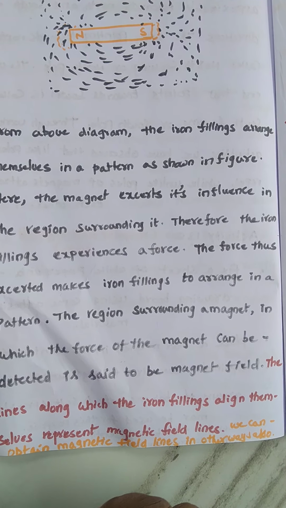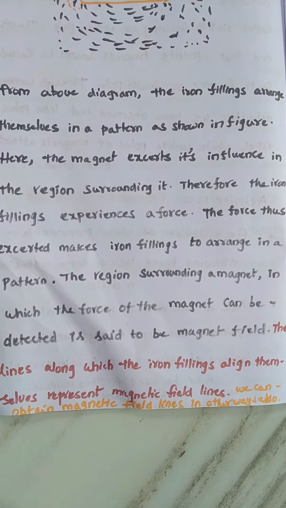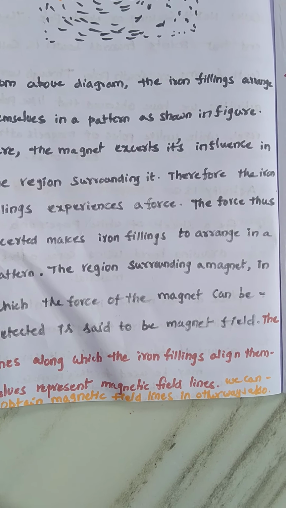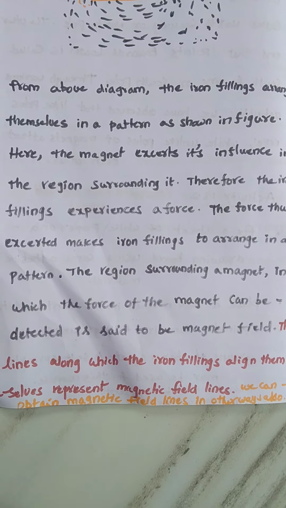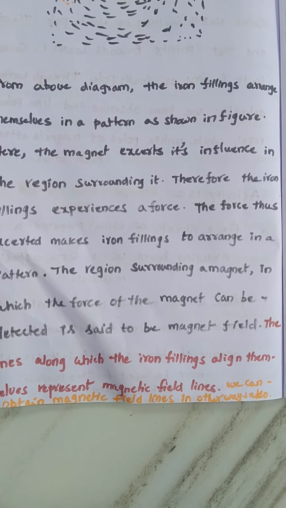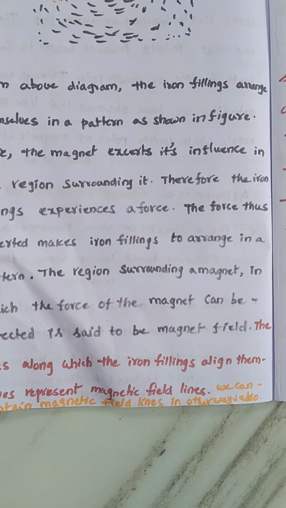The region surrounding a magnet in which the force of the magnet can be detected is said to be the magnetic field. The lines along which the iron filings align themselves represent magnetic field lines.